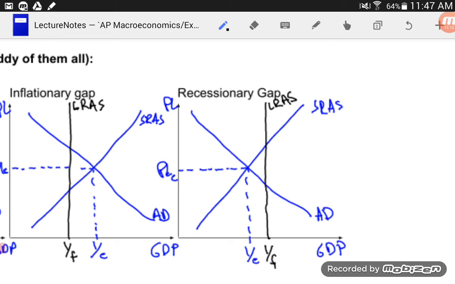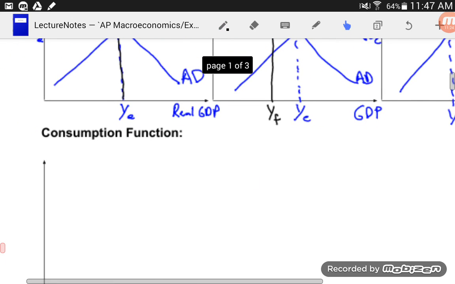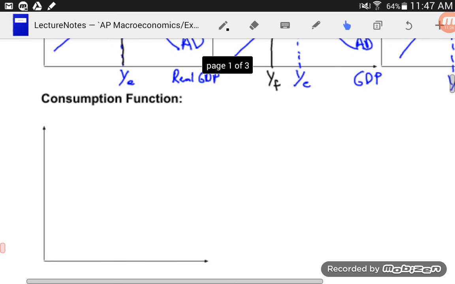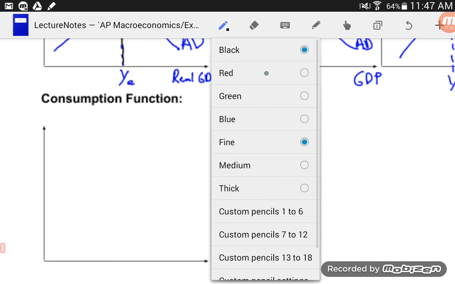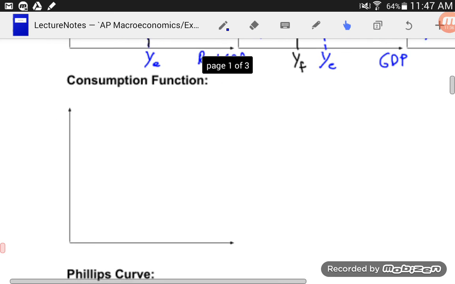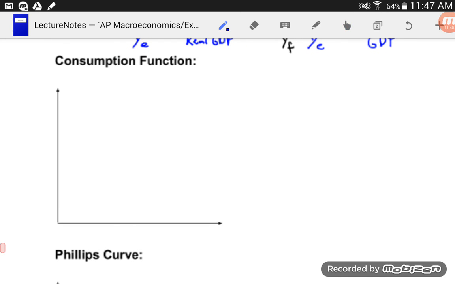I went too far back there. As long run aggregate supply. So here's the recessionary gap, there's the inflationary gap, and that's the long run equilibrium. As I just mentioned, Keynes said we had this multiplier effect, and really that multiplier effect hinges a lot on this consumption function. In the consumption function, we're looking at income.